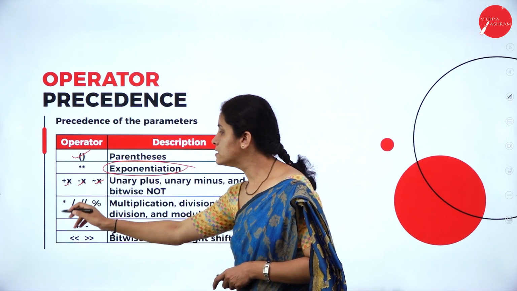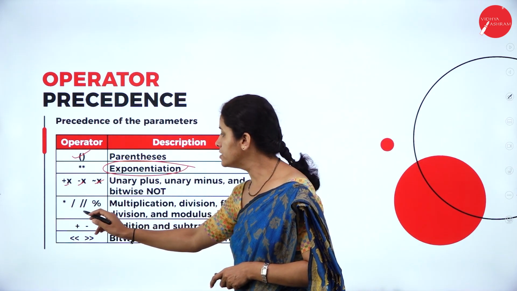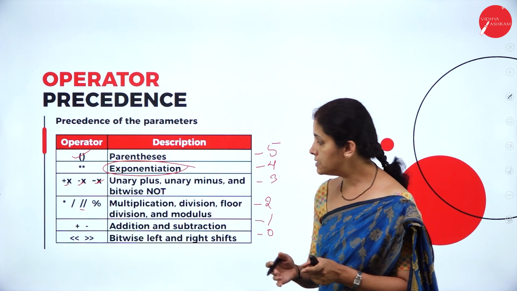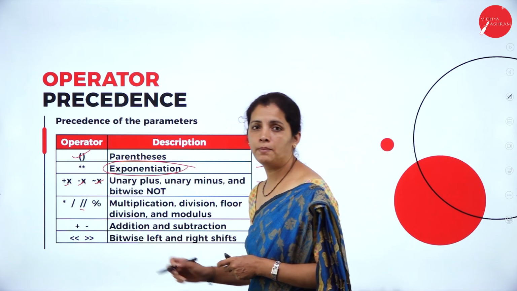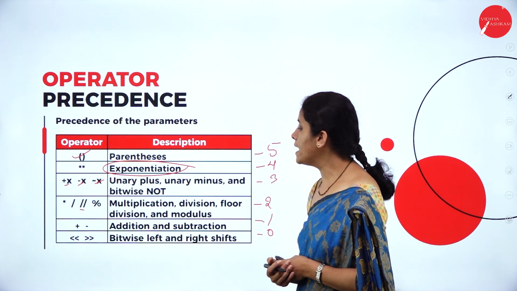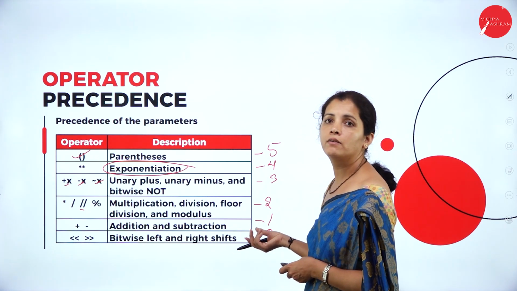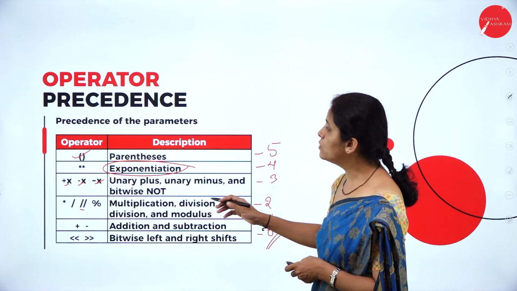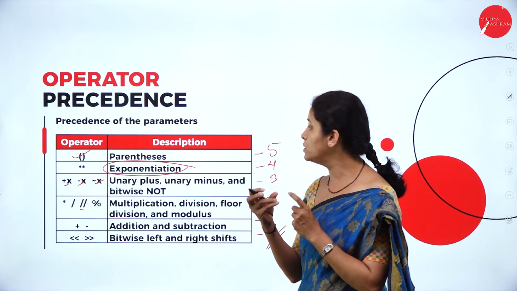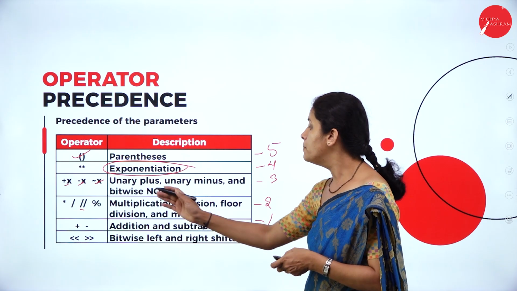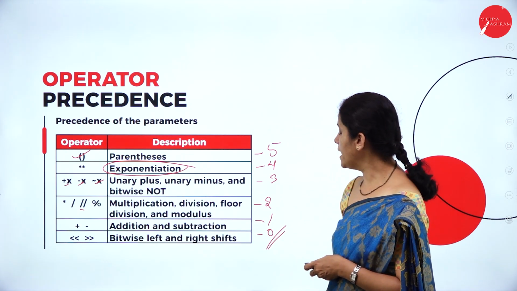Star, slash, double slash, modulus have higher precedence than plus and minus. And bitwise left and right shift have very low precedence.